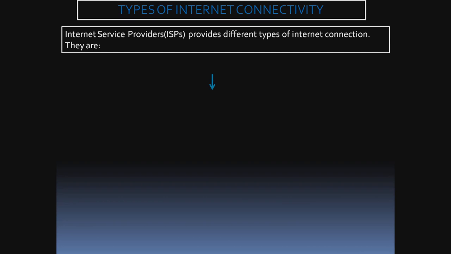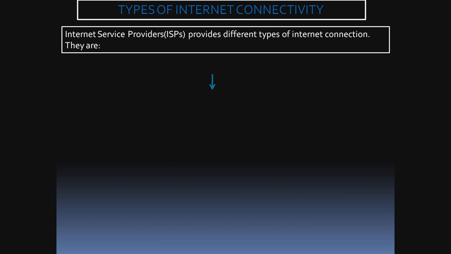So they are all internet service providers. They provide internet services to us and we need them whenever we want to surf the internet, use the internet for a given purpose. And similarly, when we want to upload a website on a web server, we should have that internet connection.